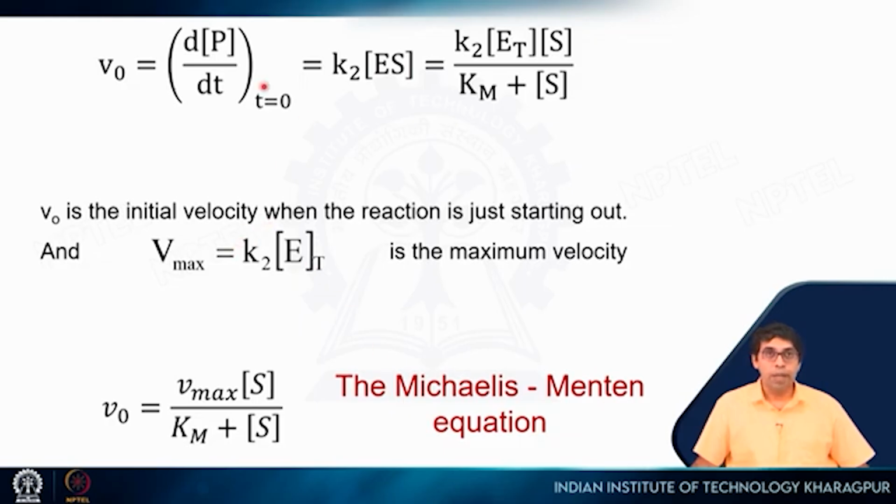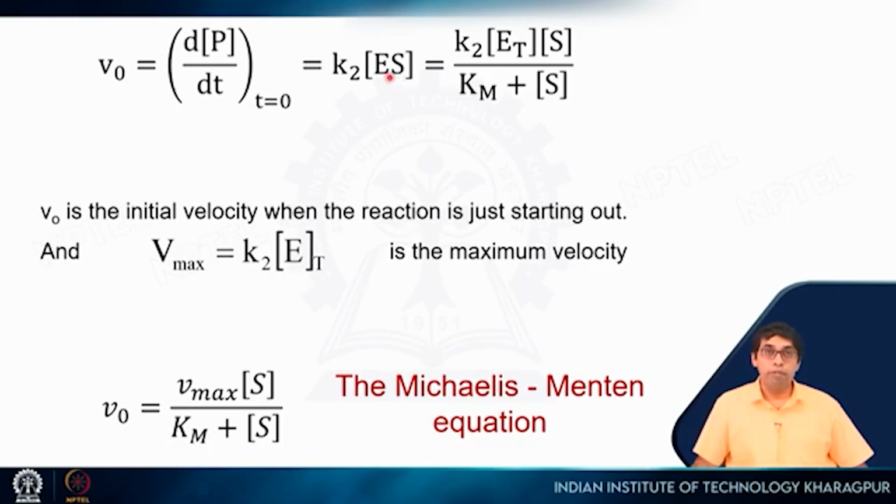Coming back to V, which is dP/dt equals K2 times ES, we know what ES is, so we substitute for that. Now, the velocity equals K2 times ES, where K2 is a constant and ES is the enzyme substrate concentration.